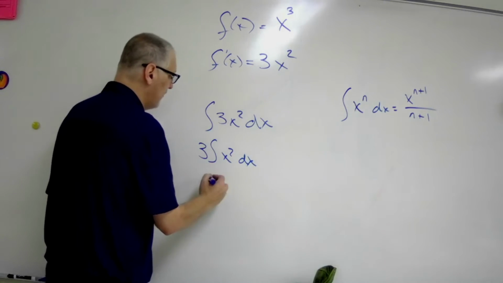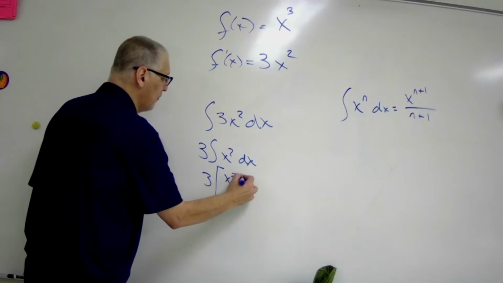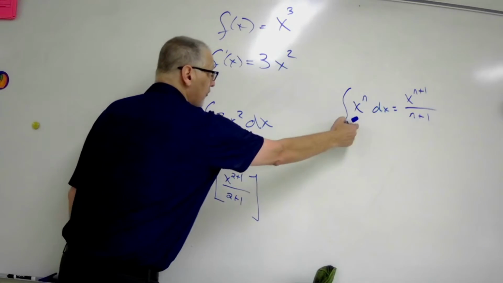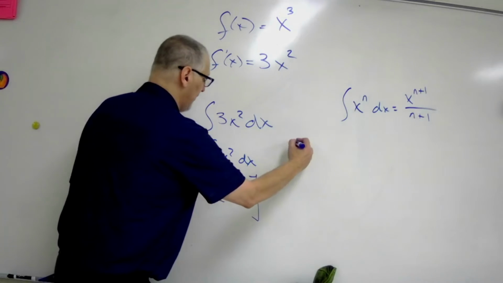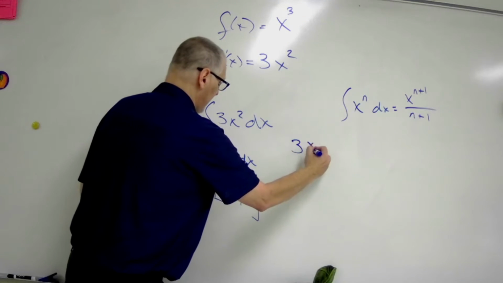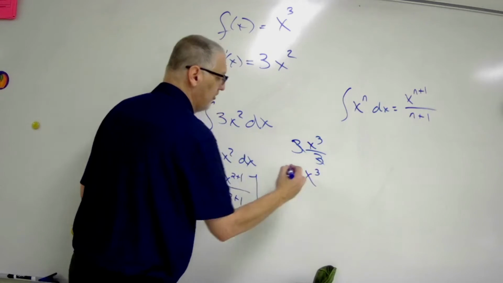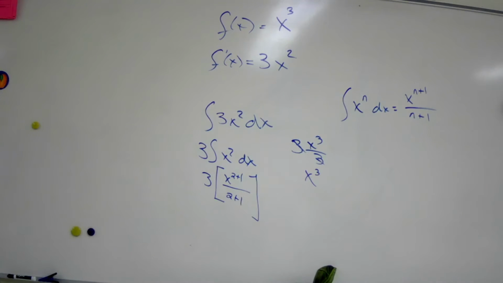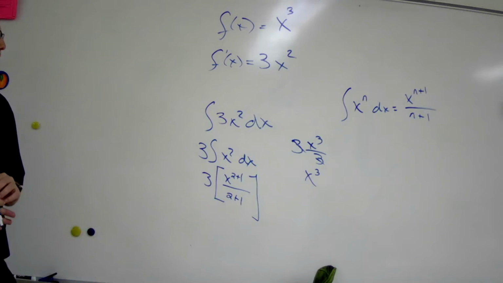Now, this becomes 3 times x to the 2 plus 1 over 2 plus 1 by the reverse power rule. And then this just gives me 3x cubed over 3. My 3's cancel, and I have x cubed. Yeah? So this doesn't seem terribly bad. Pretty straightforward, right? Yes? Okay.